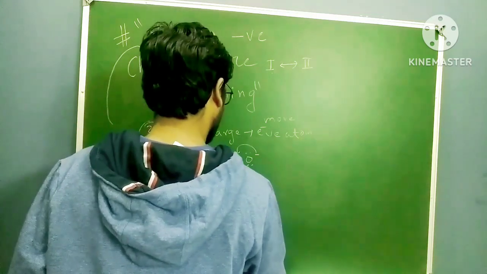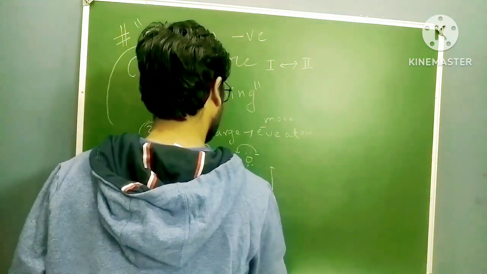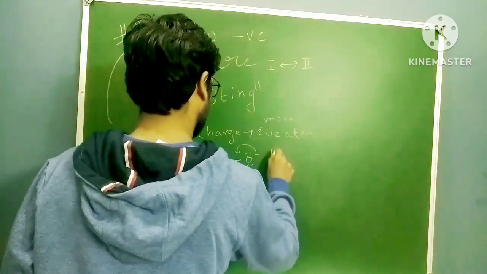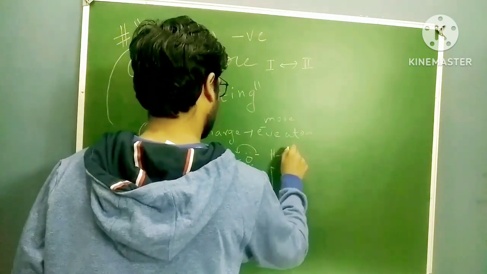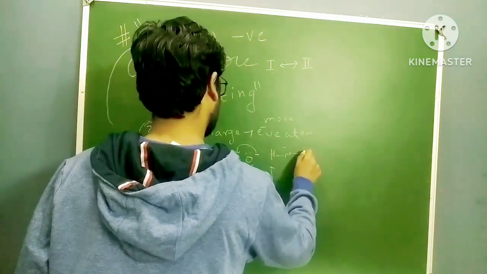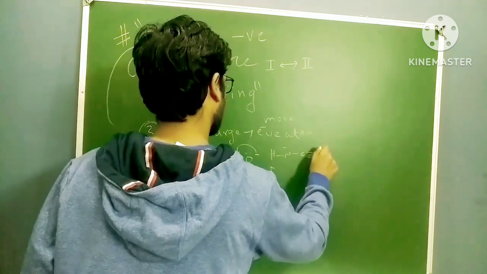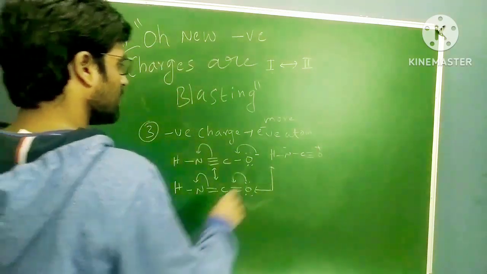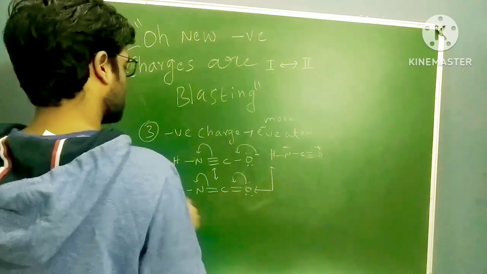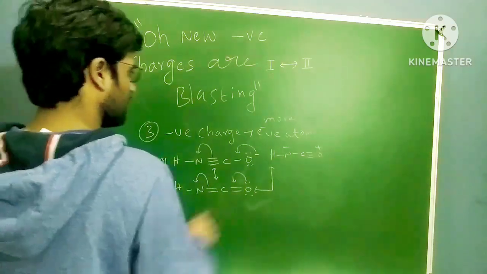So the next structure is H N minus, single bond C triple bond O, here positive charge. So this is A, now this is B.